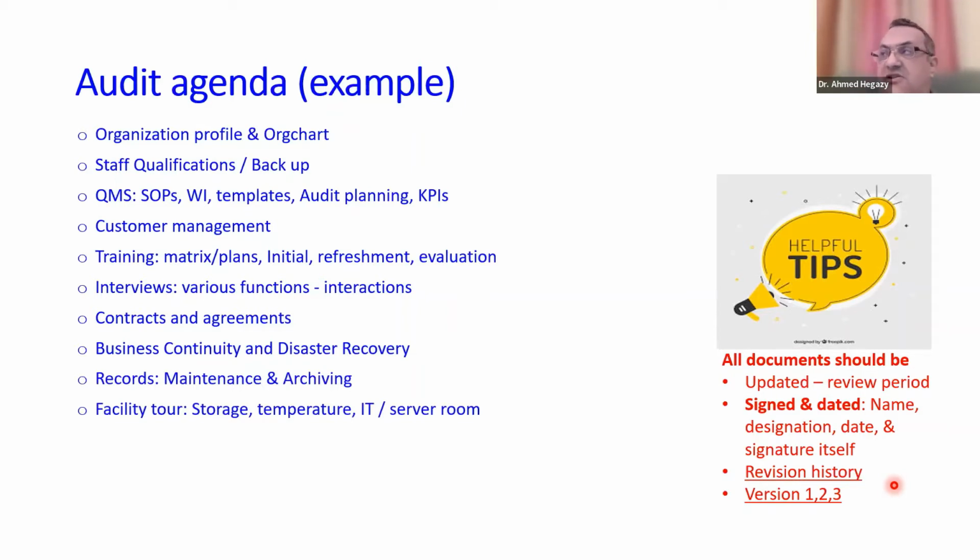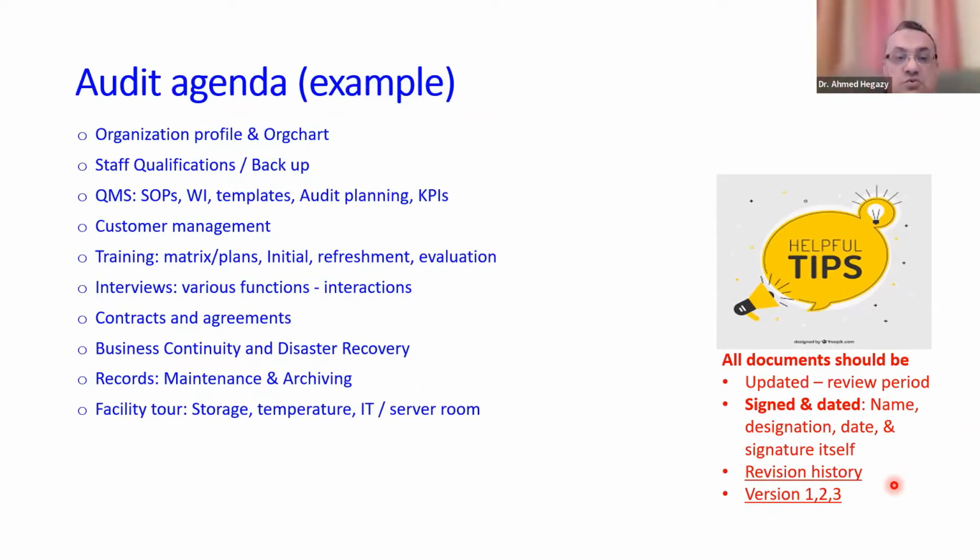Usually, as I just mentioned, you would like to check the documents and records for maintenance and archiving, how you keep them, how you maintain, how you update them, and of course, how you archive them and ensure that they are in a safe place. Well, I think I have a separate slide on the document management. Facility tour, as I mentioned, so they will look for storage, for temperature, for stuff like IT, server room, and many other things.